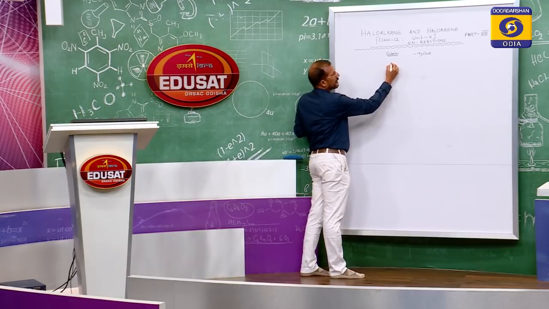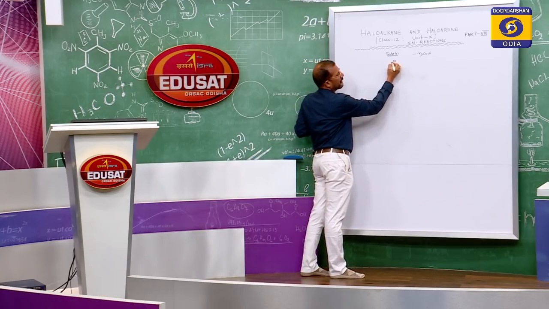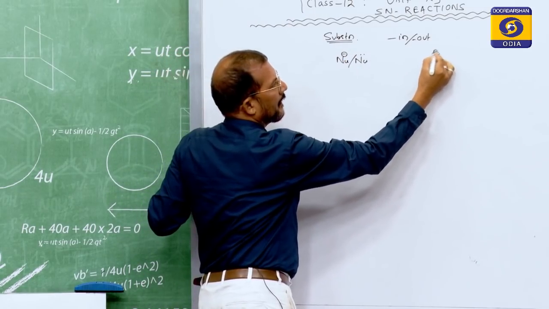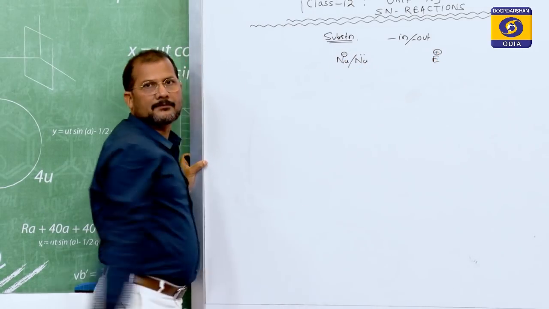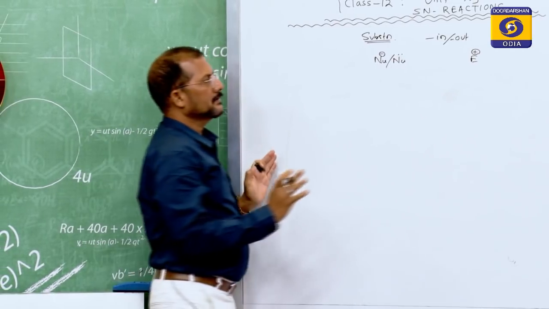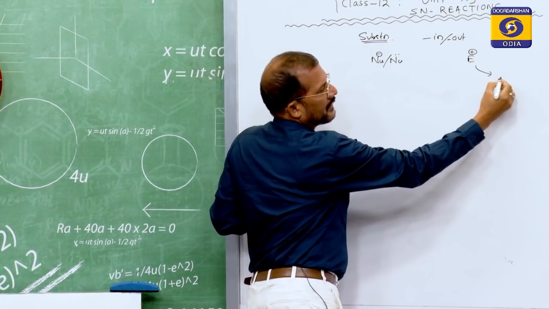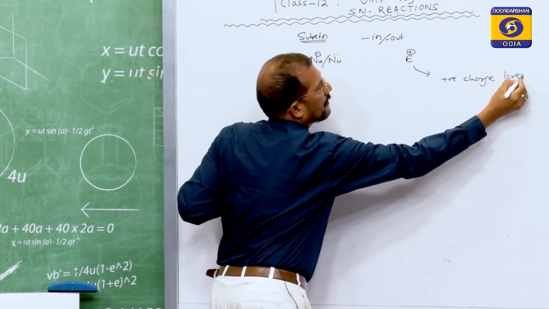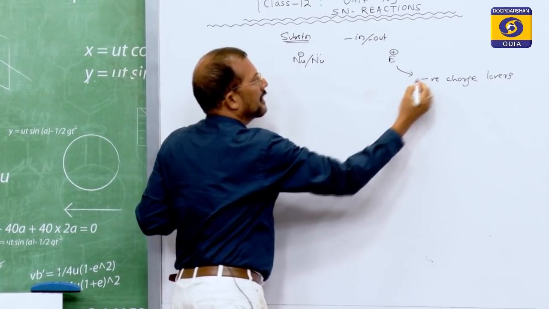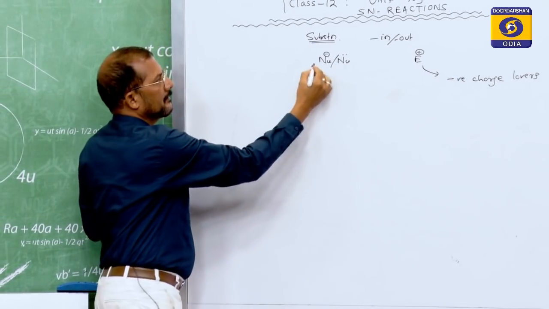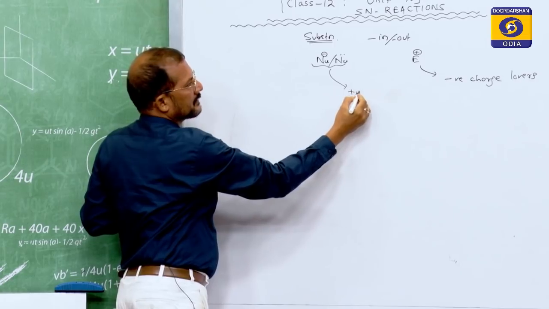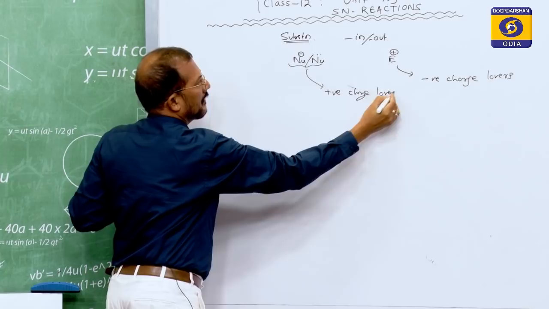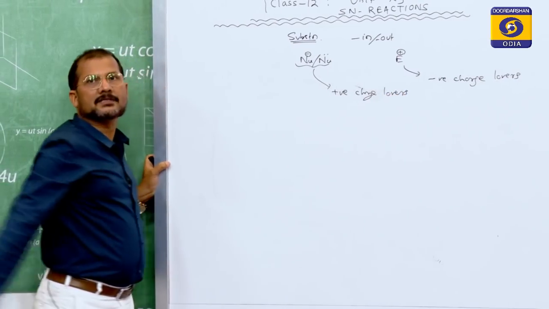So, there are two different types of attacking species. There are nucleophiles or there are electrophiles. I do not want to discuss in detail what those things are, but just let us understand these are negative charge lovers, electrophiles, and these are positive charge lovers, nucleophiles.